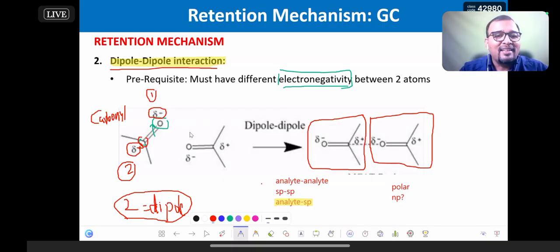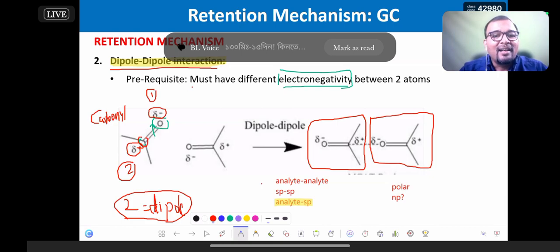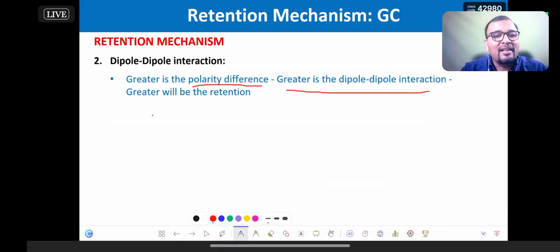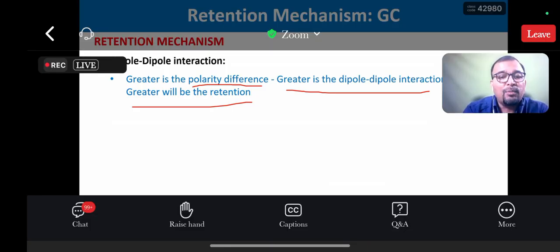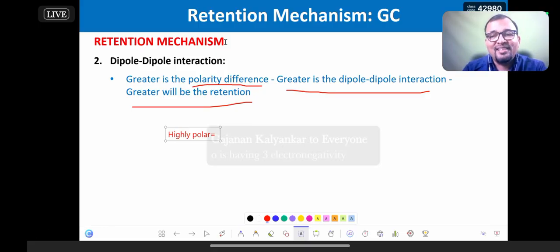So let us understand the characteristics of dipole-dipole interaction. Greater is the polarity difference, greater is the dipole-dipole interaction, greater will be the retention. Means what? A highly polar molecule will have higher retention or less retention?